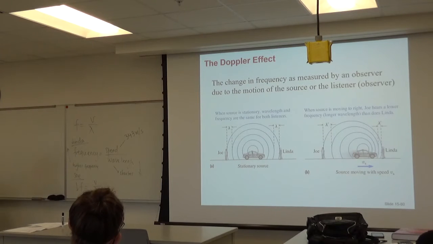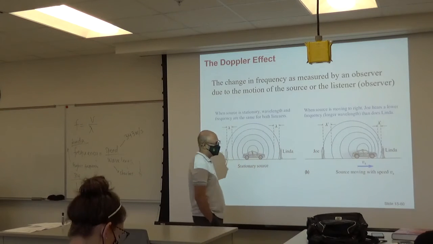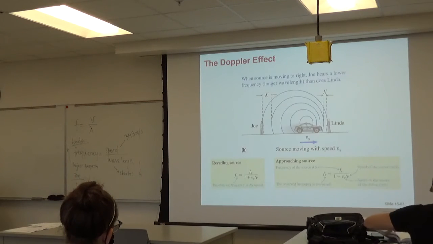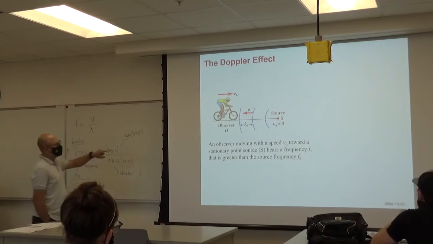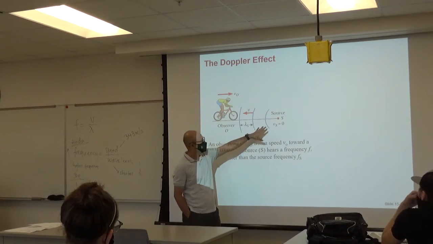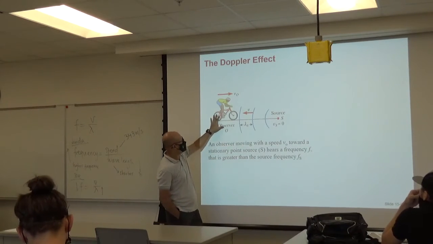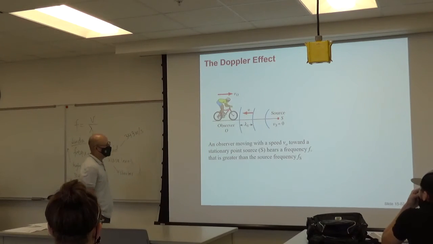Now, not only the movement of the car affects the pitchness, but the movement of observers would also affect the pitchness. So for example, here, the source of sound is at rest, a stationary source of sound, and this person is moving towards the source. When the person moves towards the source, this person will hear the frequency to be higher and higher.